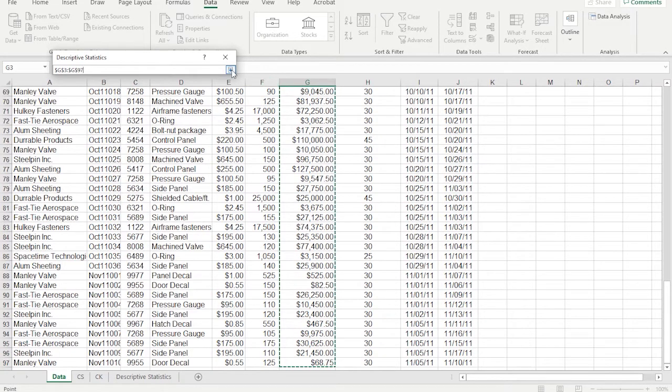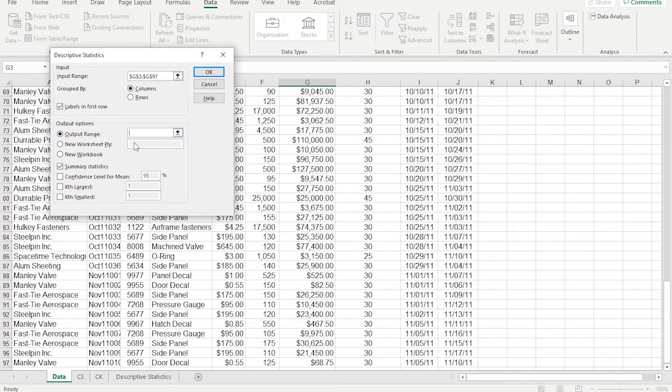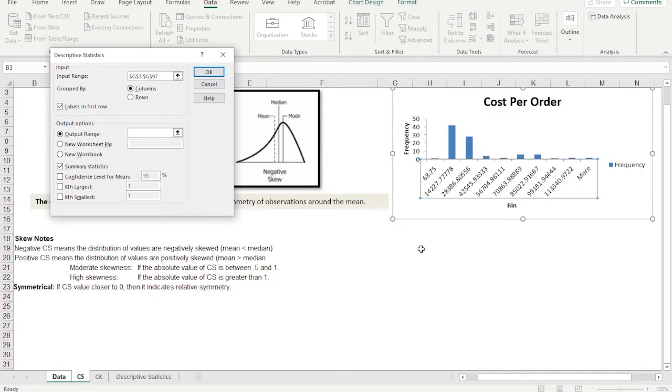I'm selecting the label, so I need to make sure that's checkmarked. And then I want the summary statistics, so that has to be checkmarked. Then I want to output that information in a worksheet that I have here. So I'm going to put it right underneath the cost per order histogram, and press OK.